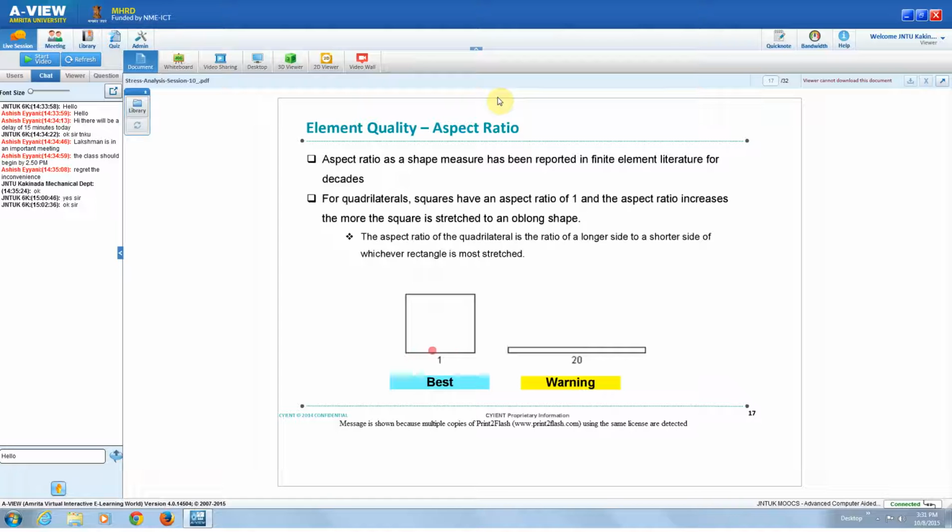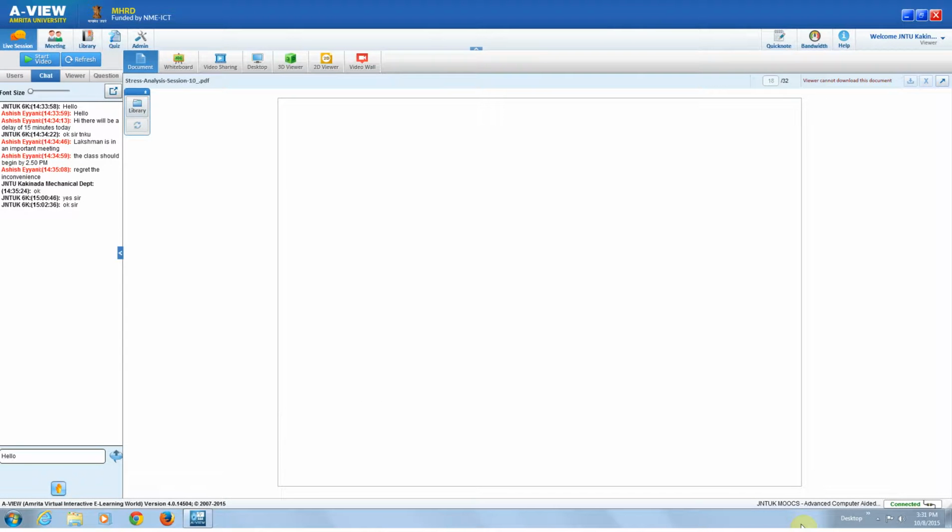That means this length by this length is 1. So a perfect square. In ANSYS, by default 20 is a warning. If you see here, an element with aspect ratio 20 looks like this. So this is the aspect ratio for a quad element.